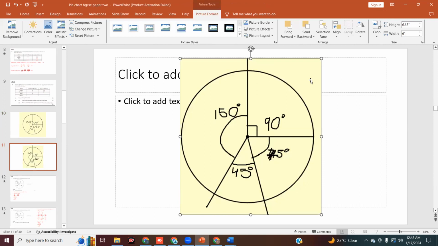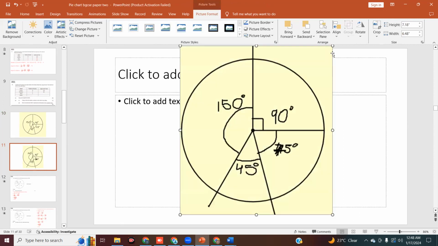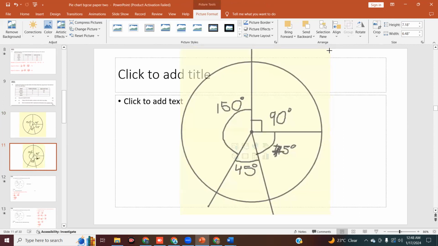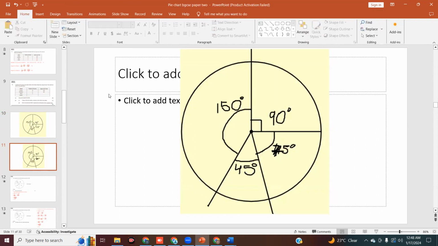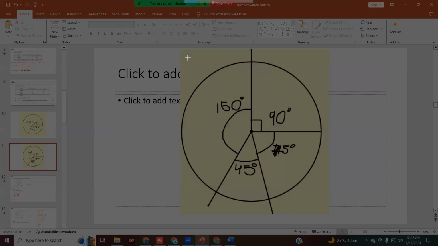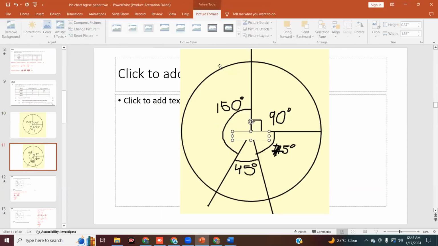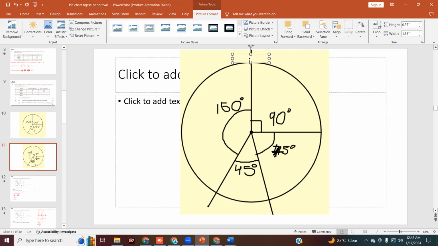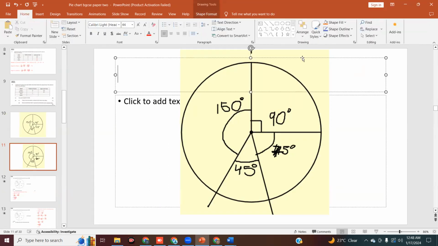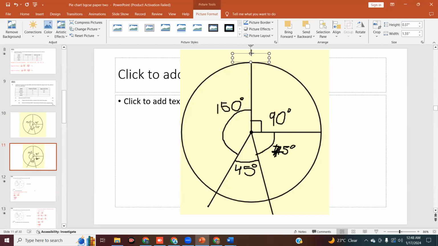Like I said to you, what you want to do is remove all of the extra lines. So let's remove them. All right, so that one is cleared.